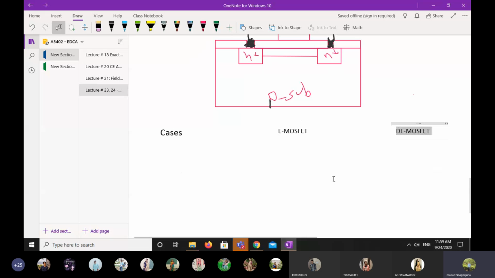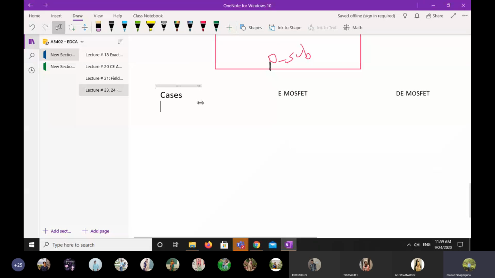Okay, so the first case is VGS equal to 0, VDS equal to 0.